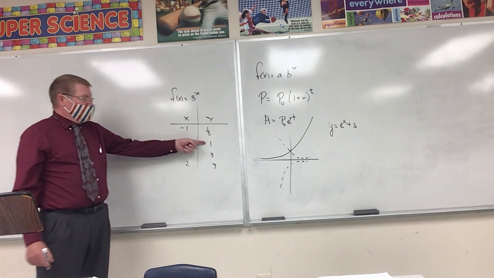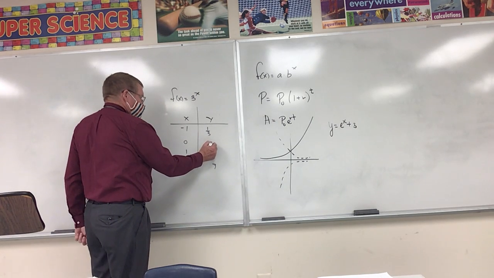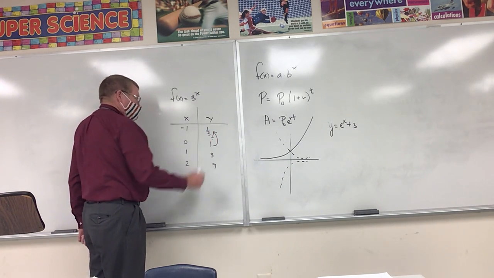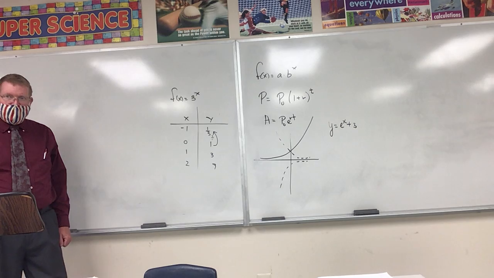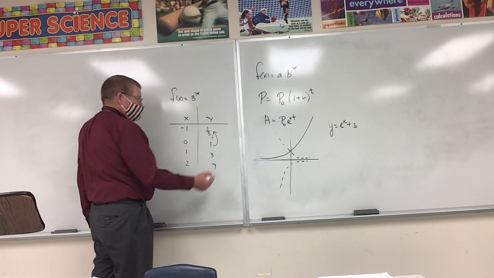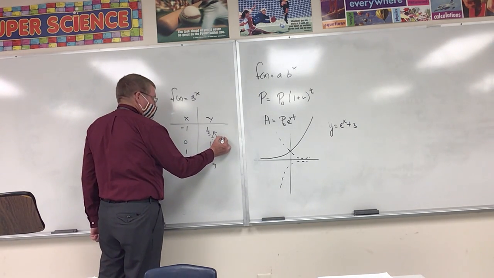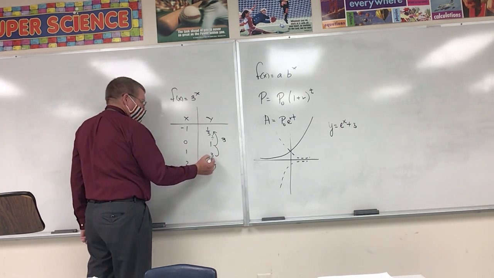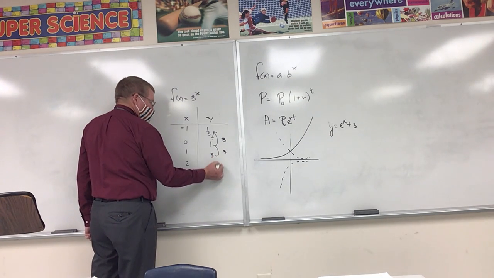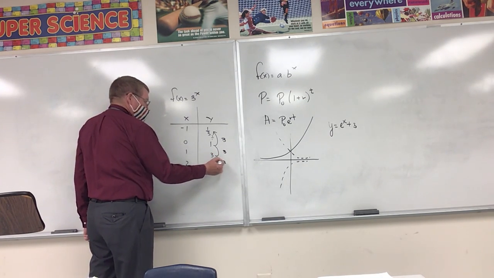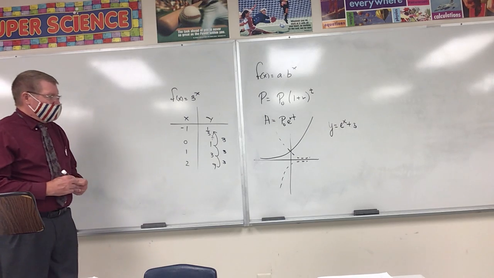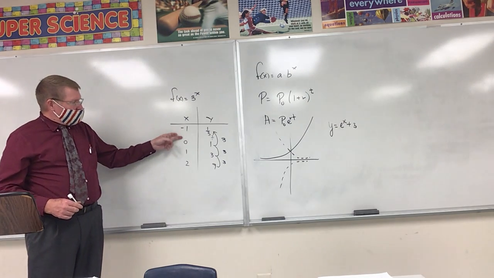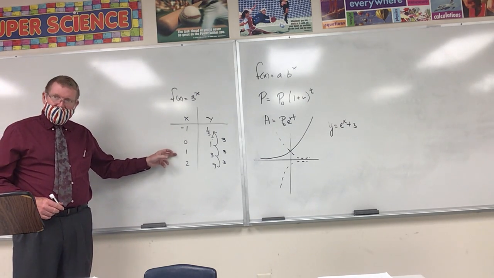If I take the bottom number and divide, what's 1 divided by 1/3? What's 3 divided by 1? 3. And what's 9 divided by 3? 3. Now, that tells me my ratio every time, as long as they go down by 1.